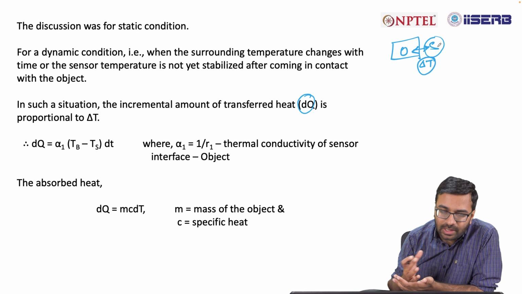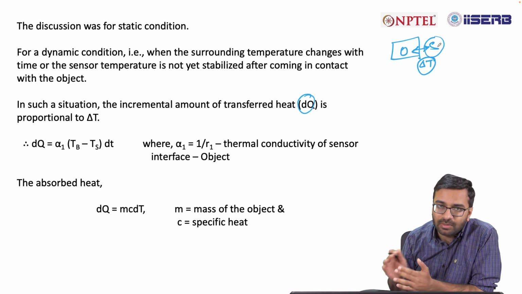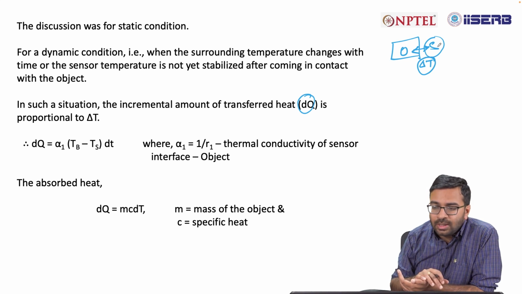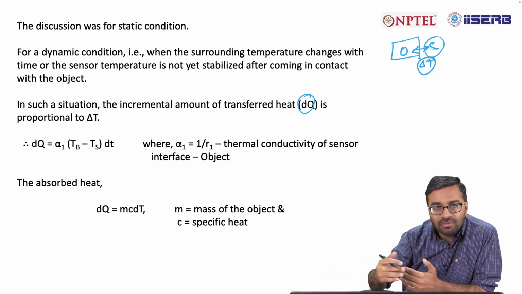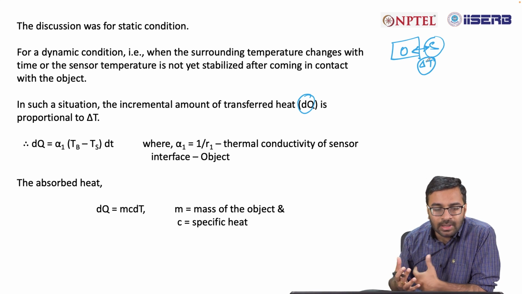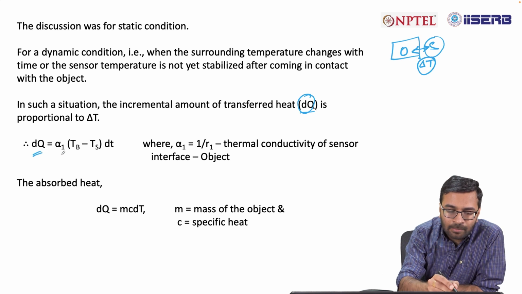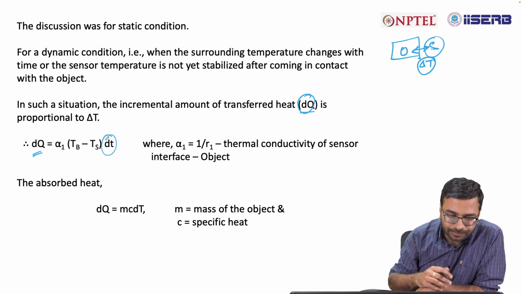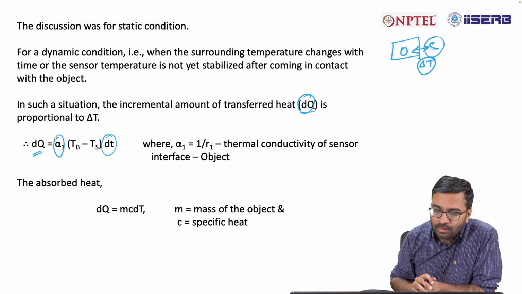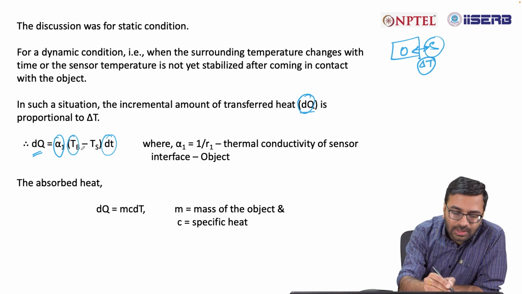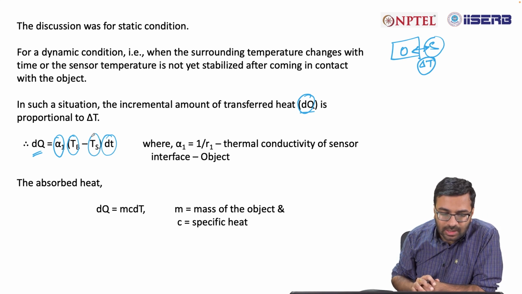So, from heat transfer it is very clear, right? You already have studied heat transfer in your previous courses. So, if the thermal gradient is very high, definitely the heat transfer will also be very high. So you can say that this incremental amount of transferred heat dq can be given by alpha 1 into Tb minus Ts into dt, where alpha 1 is the thermal conductivity of sensor and object, Tb is the object temperature, and Ts is the sensor temperature, right?